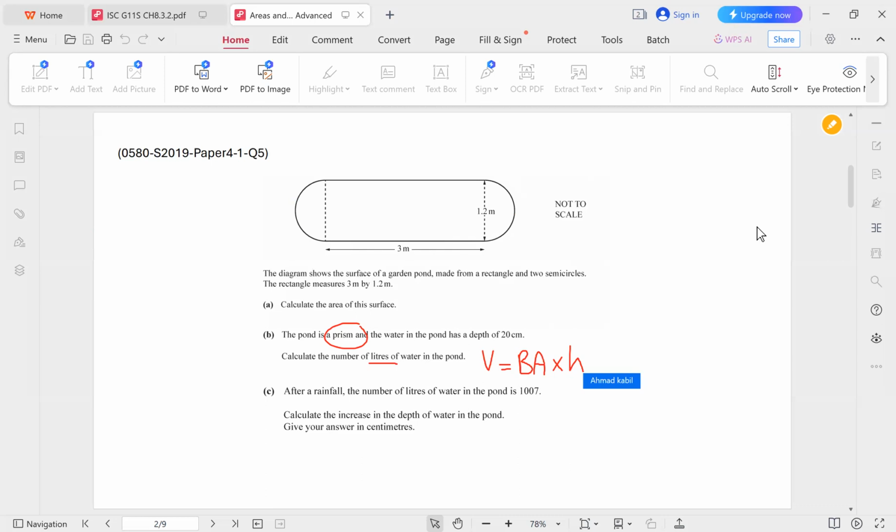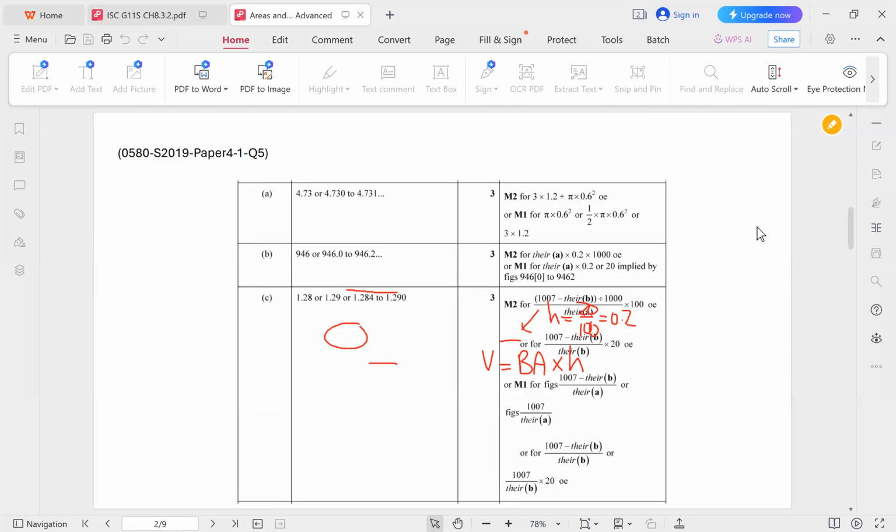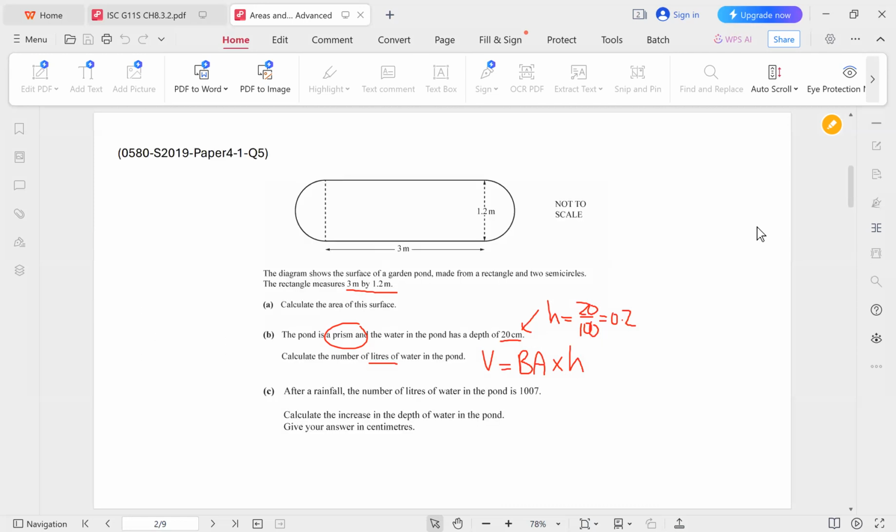Be careful of the units in this question because the height here is 20 centimeters, whereas the other dimensions are given in meters. So we can say that the height is equal to 20 divided by 100, and this is equal to 0.2 meters. And the base area, we already got it. Let's just remember it from the marking scheme. It's 4.73. We don't need to calculate it again, of course.